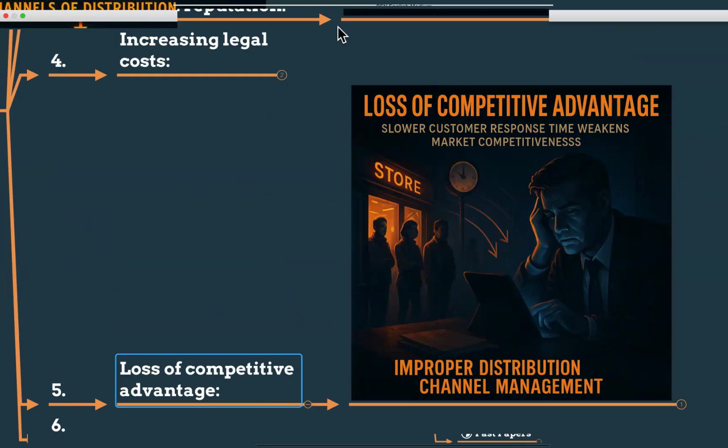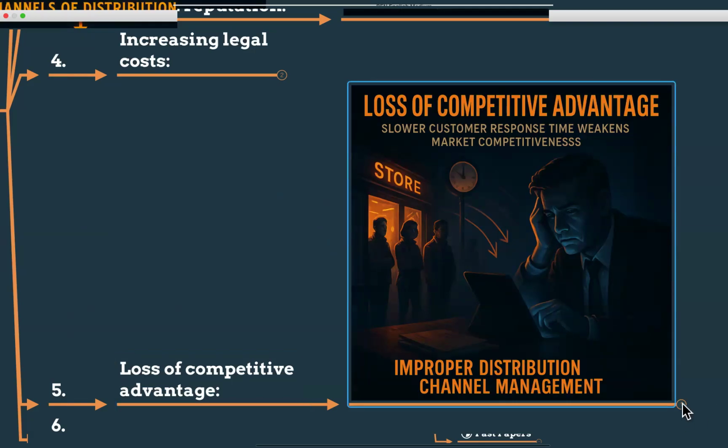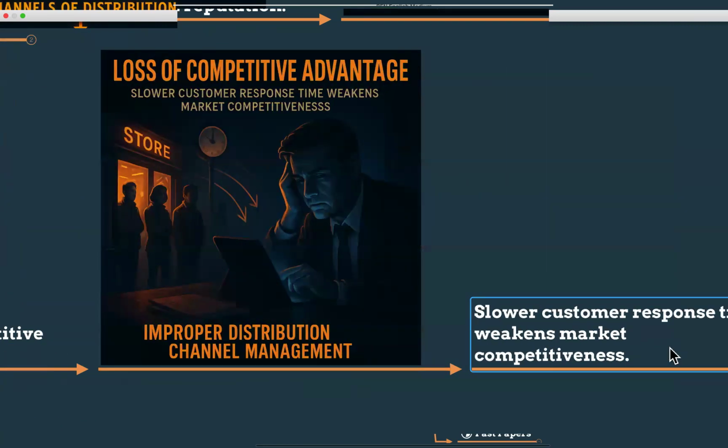It means we have to create our unique resources as well as our core capabilities that cannot be imitated or copied by other people. Right? That's competitive advantage. If you are able to create competitive advantage, no one can replace you in the market. You are going to be the market leader, right? So that is competitive advantage.